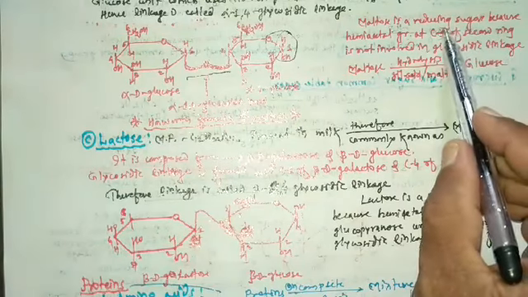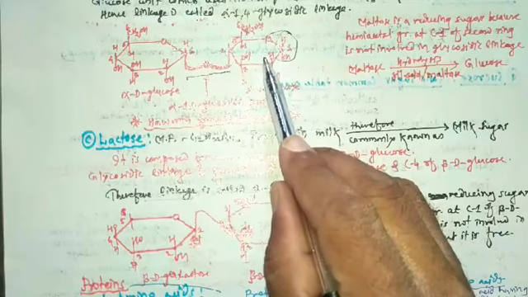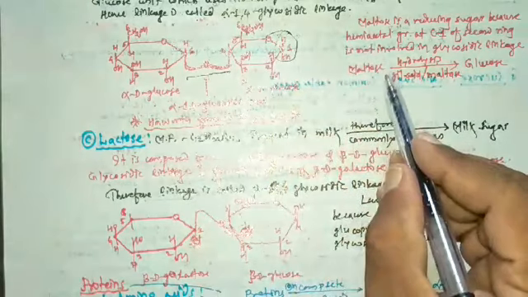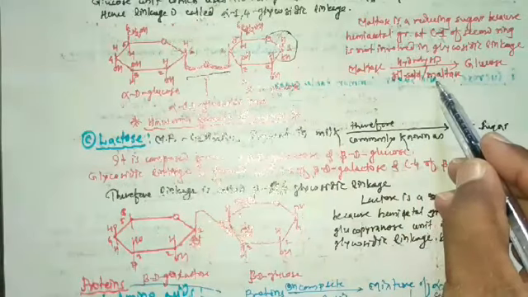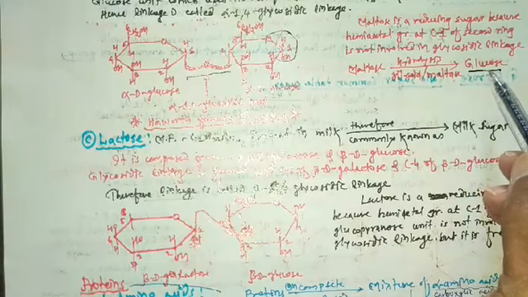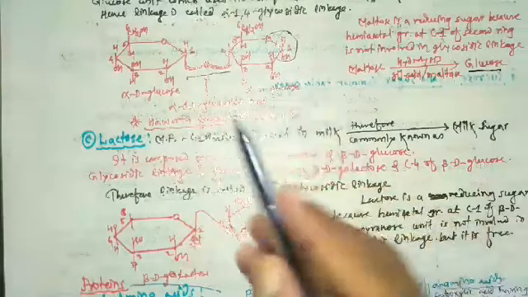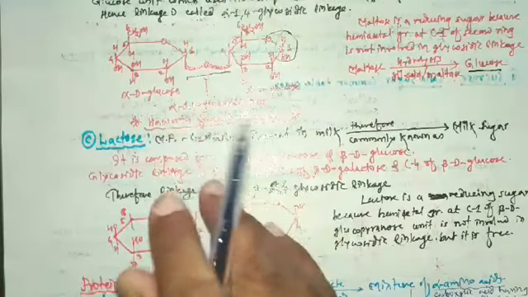That's why maltose is a reducing sugar. Remember that maltose on hydrolysis by dilute acid or the enzyme maltase produces glucose. So here we finished the structure of maltose.